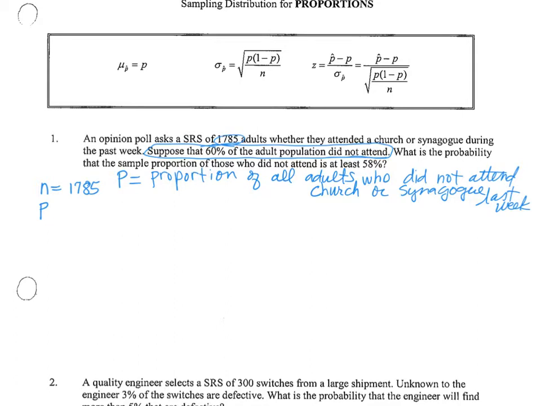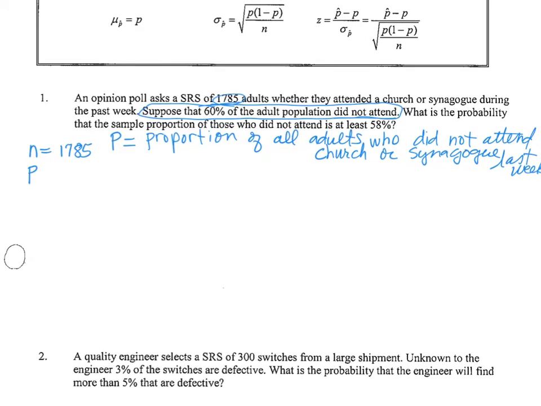Does that 60% apply to a sample or to the whole population? That's the whole population. So P, which is where the mean of the P hats should be, is 0.6.